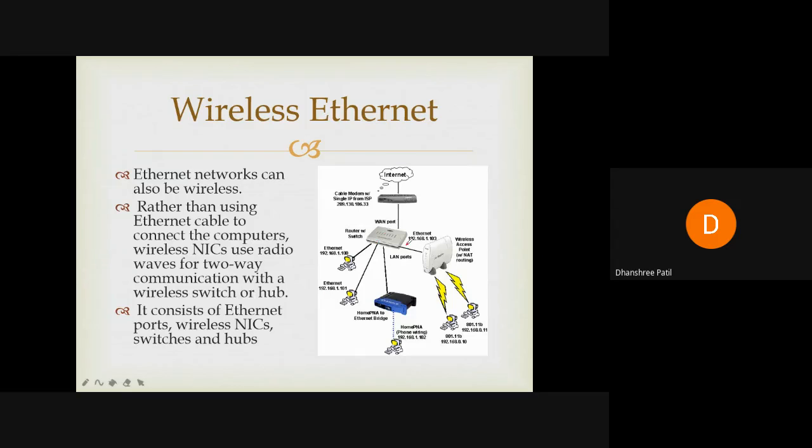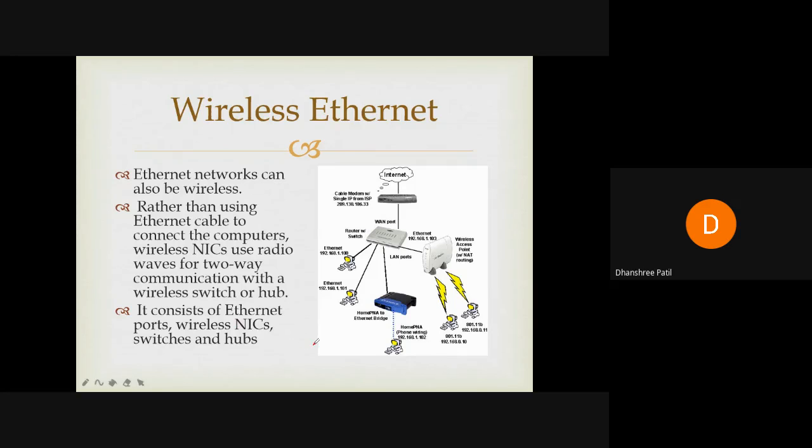You can see here, a wireless switch or hub will be there, and these are not cables; they just show the connection. Instead of using cables directly, they are connected by using the wireless Ethernet, wireless switch or wireless hubs.